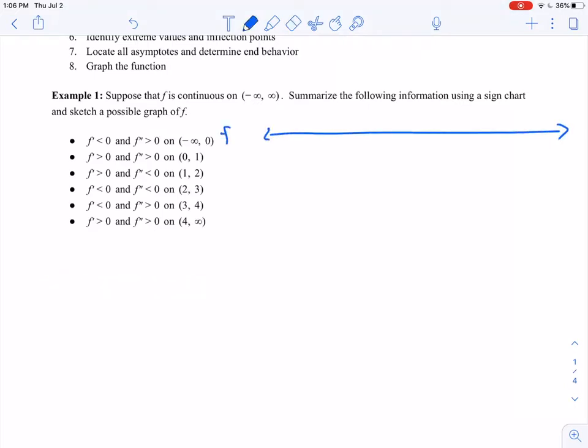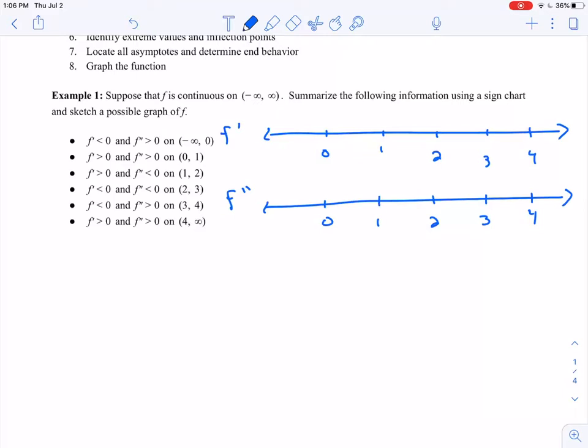Here's my number line for my first derivative. Here's my number line for my second derivative. We seem to have changes at 0, 1, 2, 3, and 4. Maybe not both of them are changing, but something's changing. And we're just going to fill out as much of this sign chart as we can.